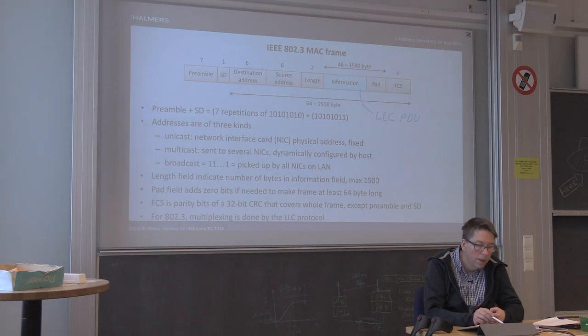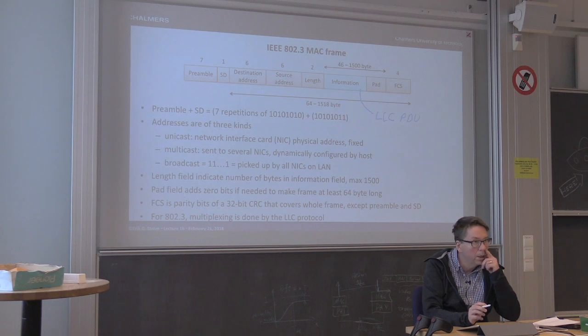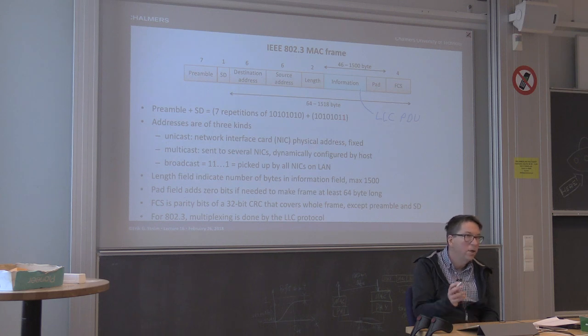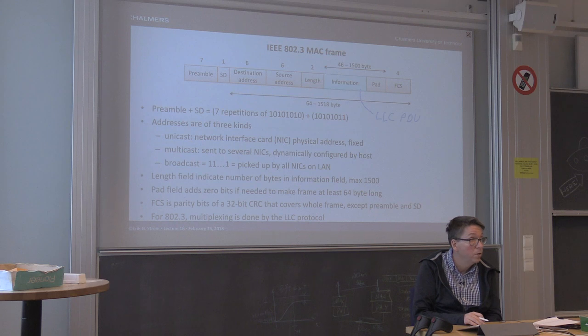Okay. These destination addresses, if we look at them, there could be 3 kinds. One is a unicast address, which means that it addresses exactly one network interface card. So it has one MAC address. And in theory, a network interface card has a unique MAC address. So it's like your personal number is unique, right?